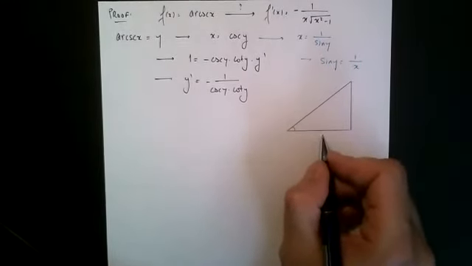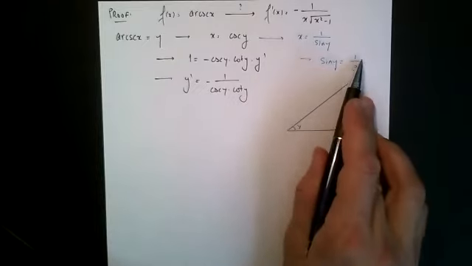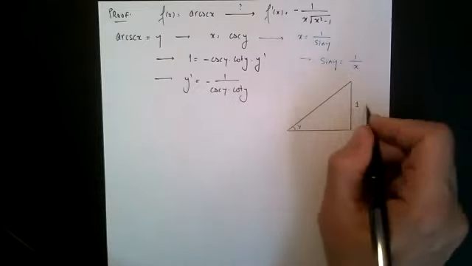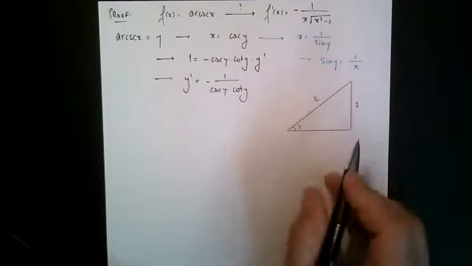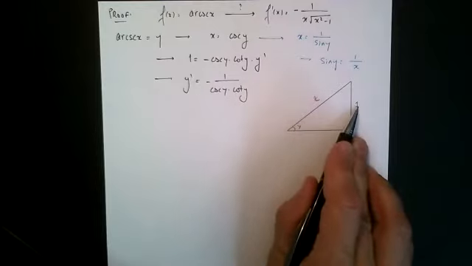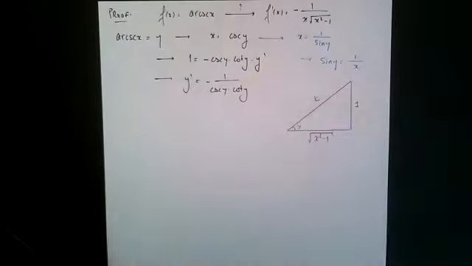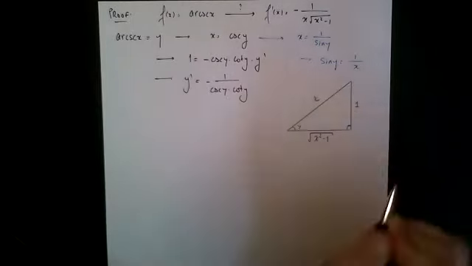Okay, so the angle here is y, and then my sine is opposite over hypotenuse, so in the opposite I'm going to put 1, and the hypotenuse I'm going to put x, and here I'm going to use Pythagoras, square root of x squared minus 1. There you go. This is a right angle.